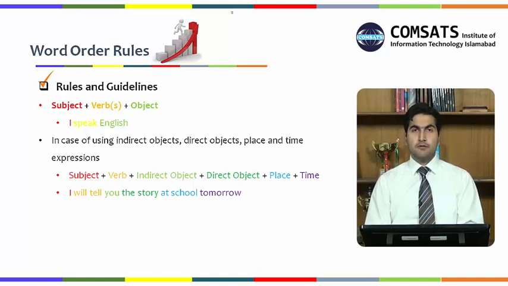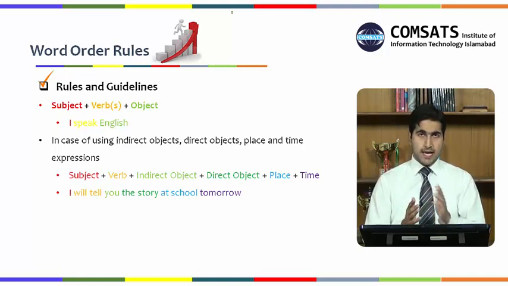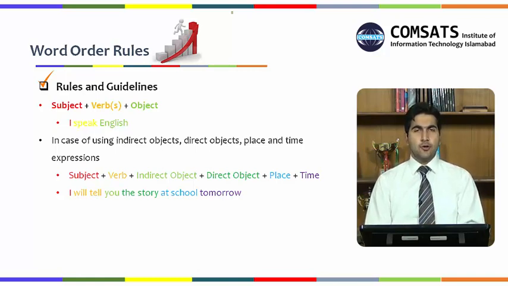So if we start with the rules and guidelines, the basic one, of course, is that your subject should come first. Then you're going to have verb or verbs. Why verbs? Because there are sentences which begin with a helping verb and then you have the main verb.